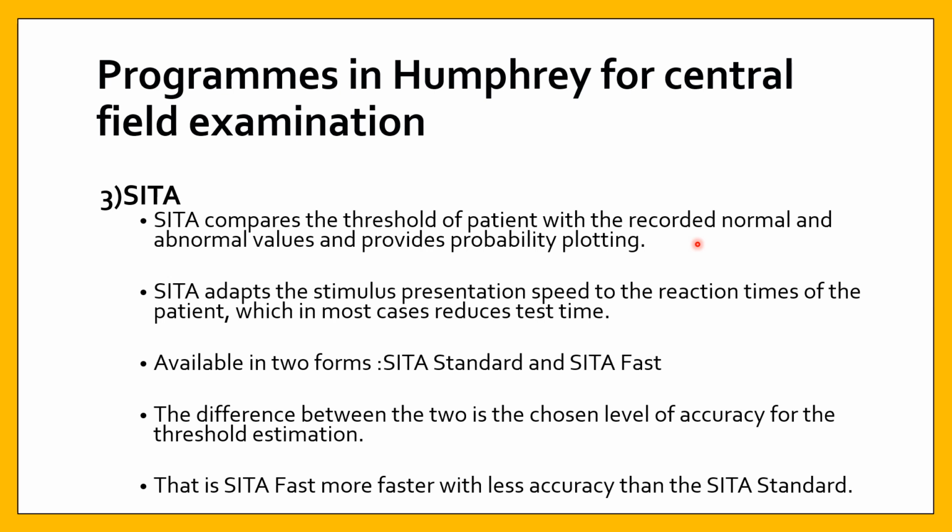It is available in two forms, the SITA Standard and SITA Fast. SITA Fast is faster with less accuracy than SITA Standard, and the difference between the two is the chosen level of accuracy for the threshold estimation.